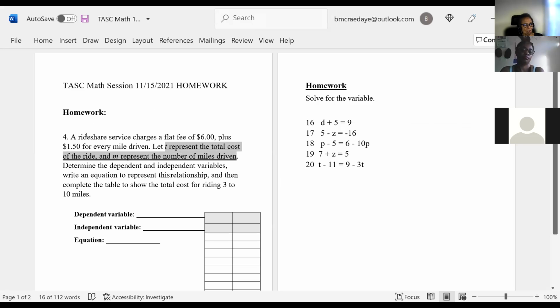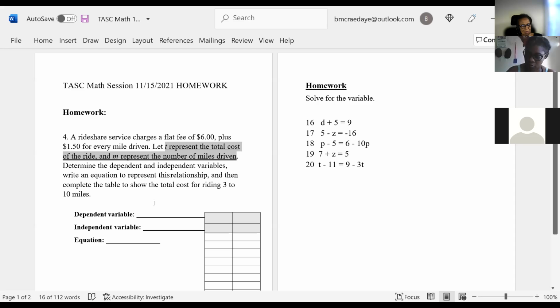Is it the total cost of the ride, or is it the number of miles? Maureen, do you know? Which one is the dependent? I put number of miles.